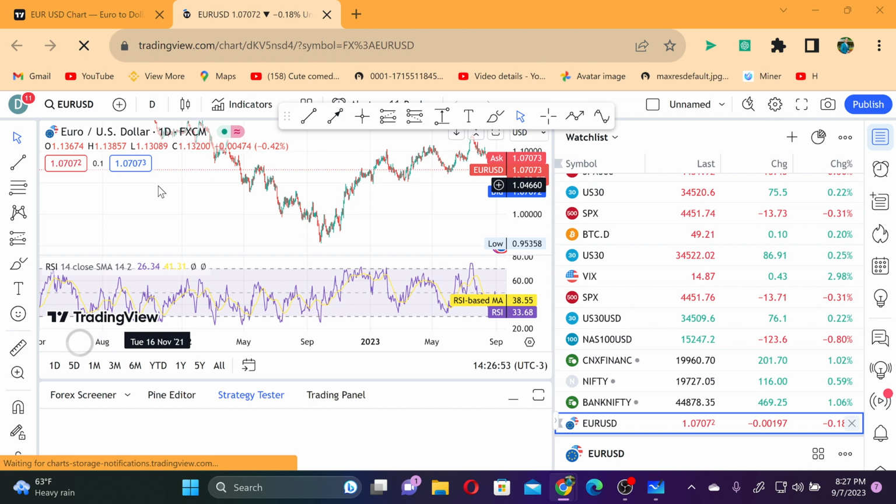The moving average is actually just a line that crosses these points, and you can adjust it to any values that you want in the market, like we have done over here. So for example, let me add a moving average to the market.